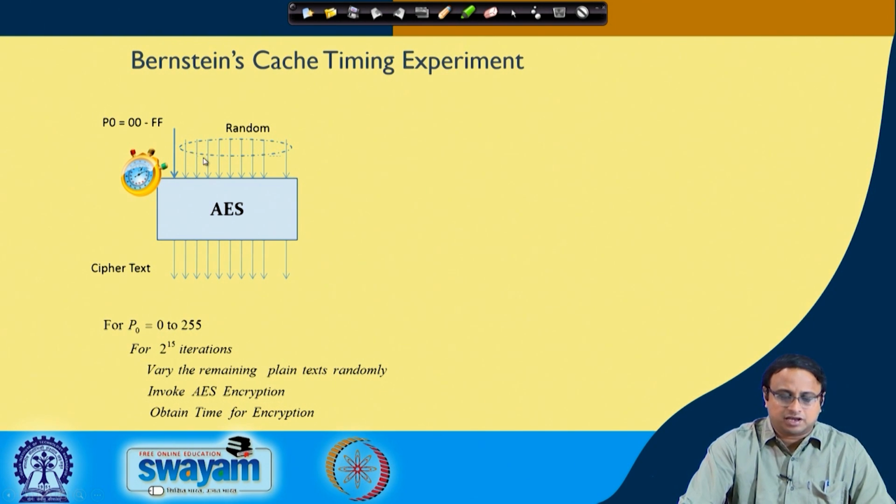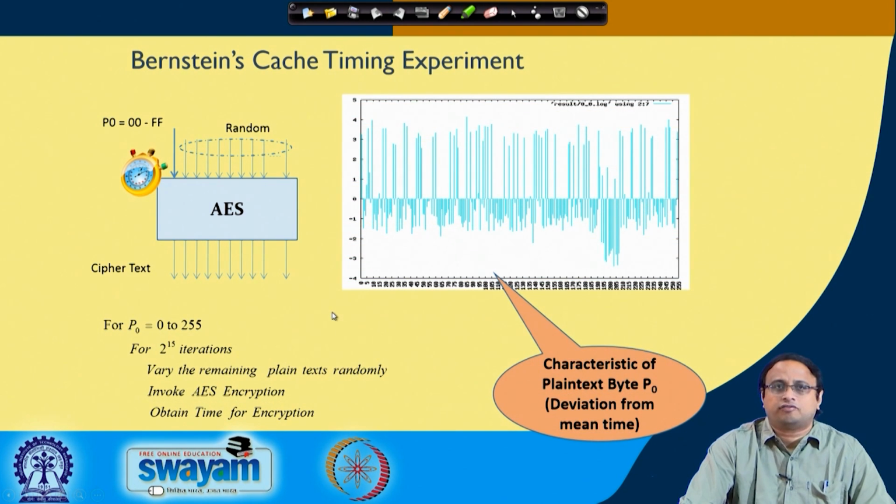So I initially fix the value of P0, and for the remaining 15 bytes I make a large number of variations, probably 2 power 15 choices of the remaining plaintext bytes. I apply the AES engine on those plaintexts, observe the timing corresponding to each of these encryptions, and take the average of all these encryption times.